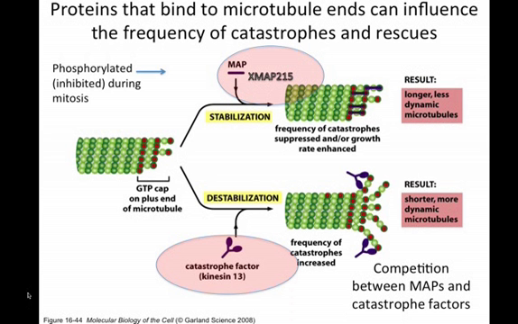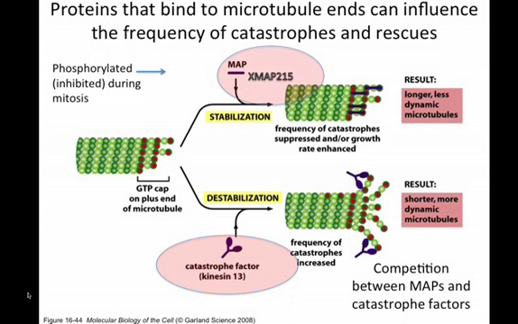And then the other thing to think about is regulation. These different MAP proteins are regulated by phosphorylation. So during mitosis, for example, this XMAP215 that's involved in stabilizing microtubules will be phosphorylated and inhibited. You might say, wait a minute, do you want stable or unstable microtubules during mitosis?